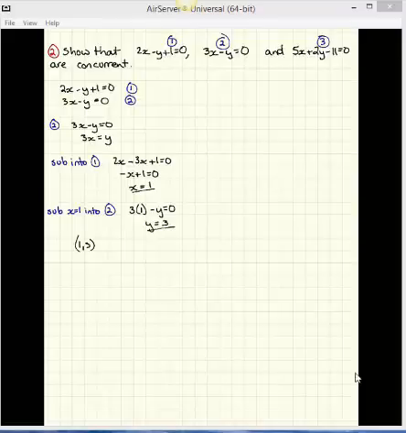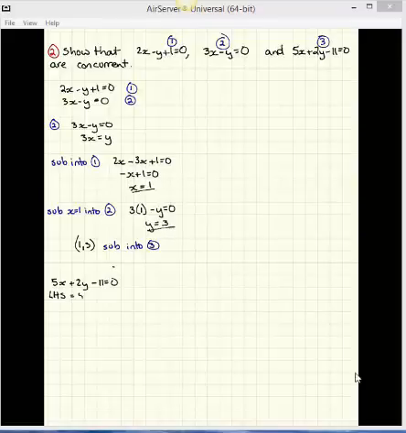So what I need to do is substitute that into the third equation and show that it satisfies that equation. So this is the equation that I need to check. So I'm going to start obviously with the left-hand side because there's nothing to substitute into the right-hand side.